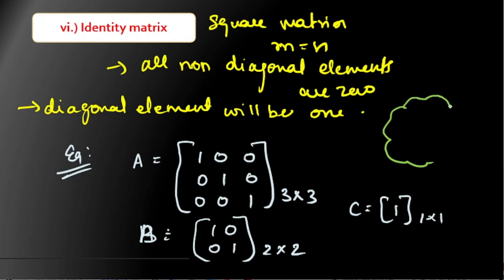Next, coming to the zero matrix. What is a zero matrix? A zero matrix is nothing but a matrix where all the elements are 0.